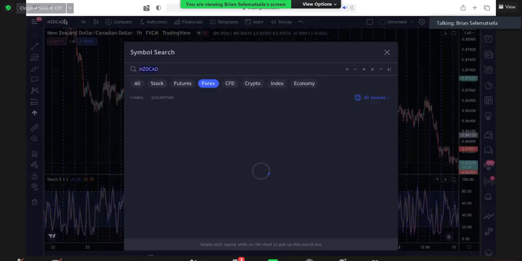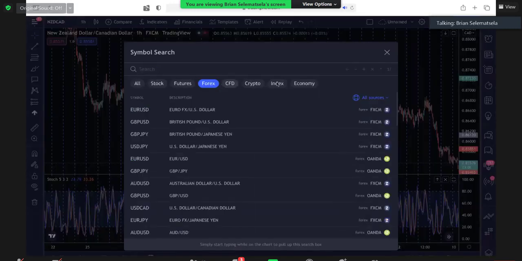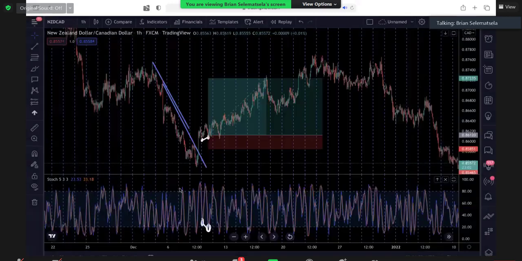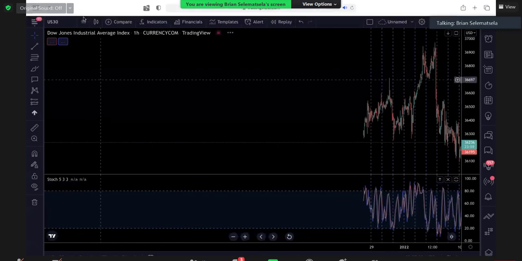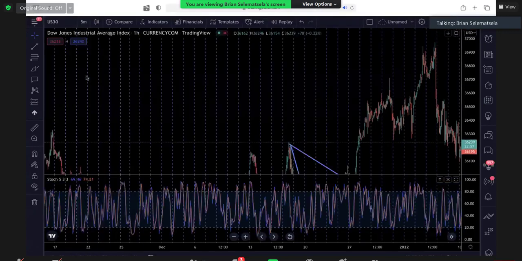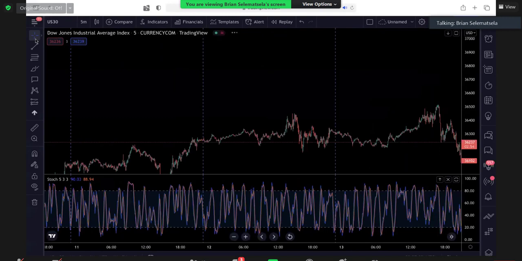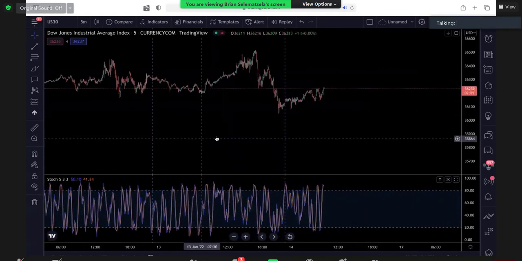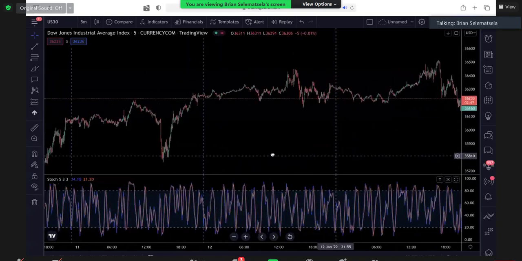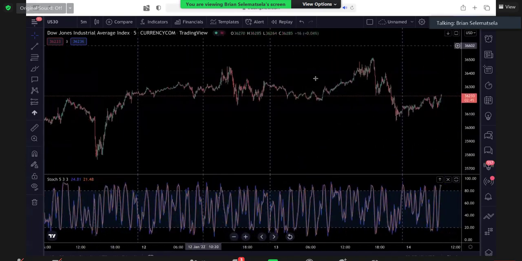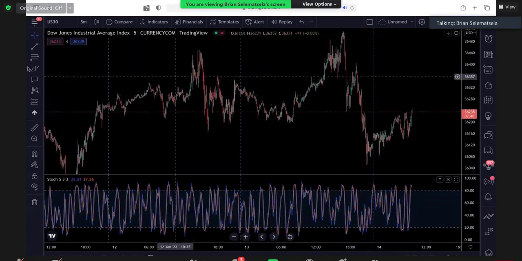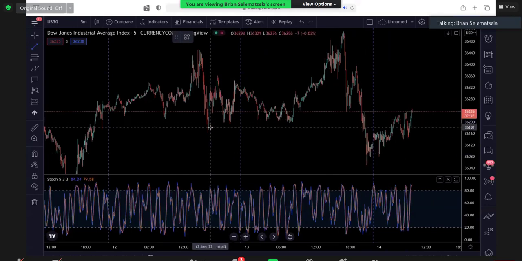So like I said, it doesn't matter which time frame. Let's try US 30. Which time frame? We can even try 5 minutes and see what we're looking at. The market has been very good here because it has been giving a lot of hints for both sellers and buyers.